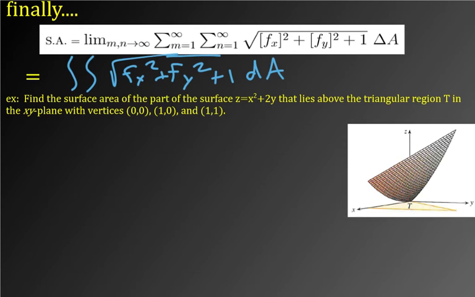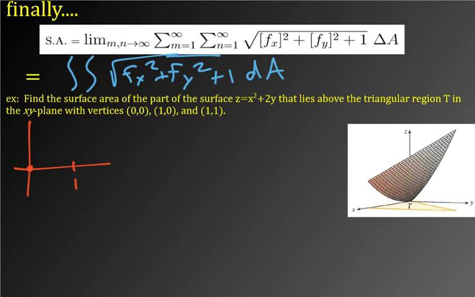I want to find the surface area of this x squared plus 2y thing, which lies above this triangular region, T, in the xy plane, and it has vertices (0,0), (1,0), and (1,1). If you have all those vertices, I would personally start by just thinking about what they look like in 2D.